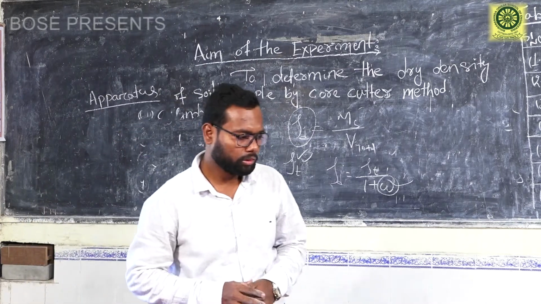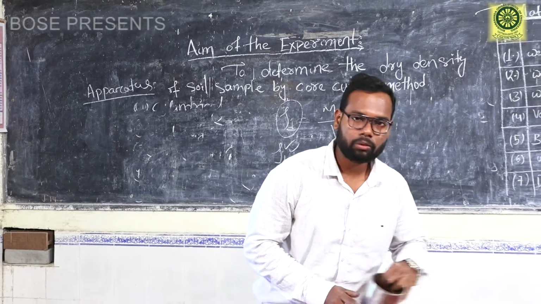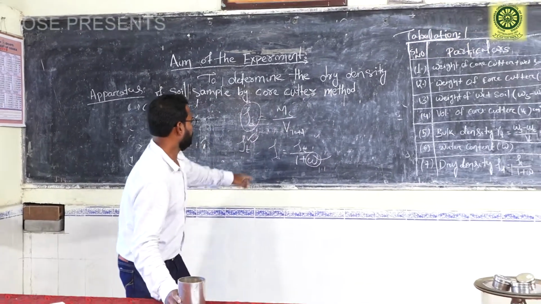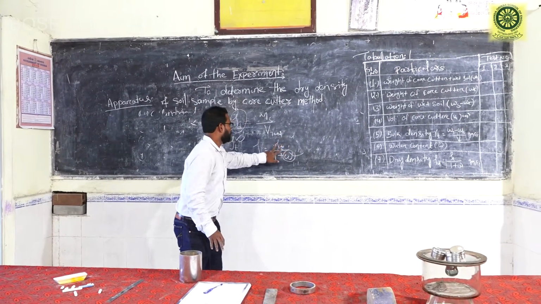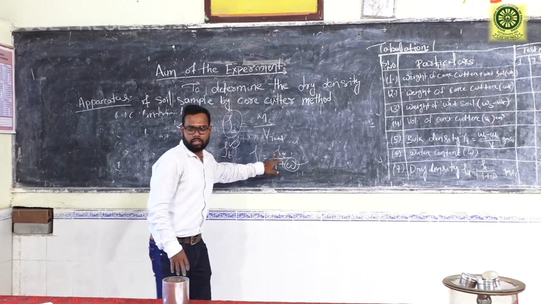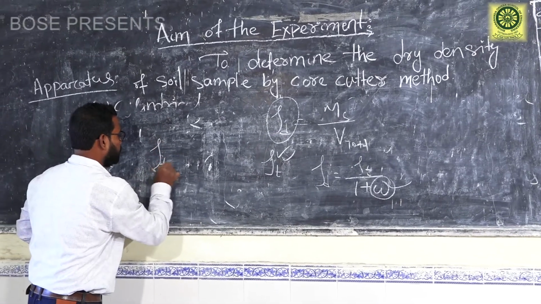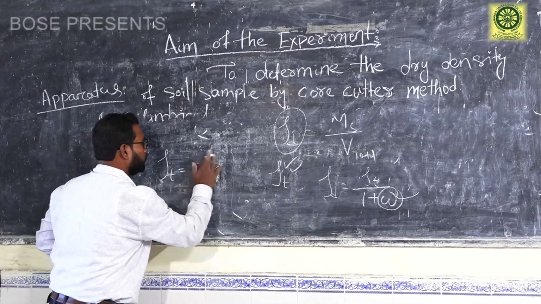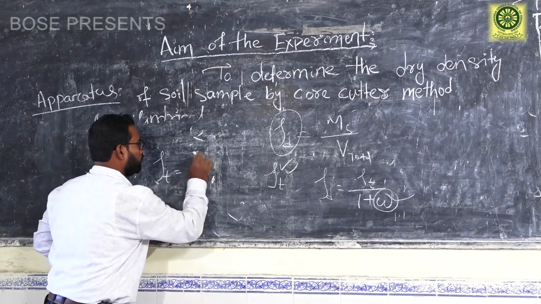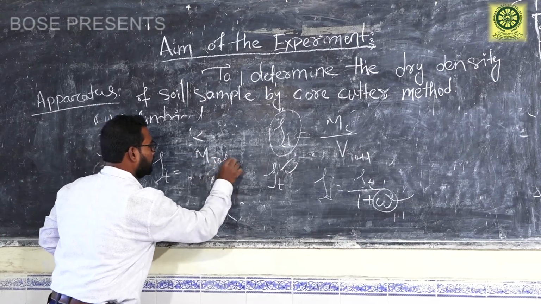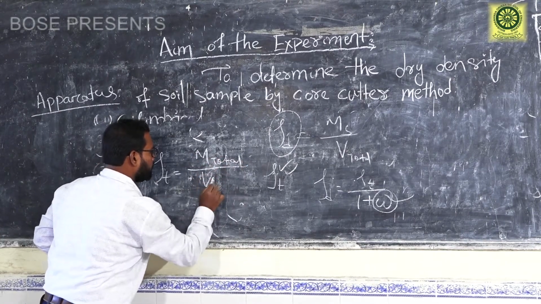So how do we calculate this? We need to calculate first the weight density or bulk density of the soil. Bulk density is defined as the total weight or total mass of soil divided by the total volume of the soil sample.